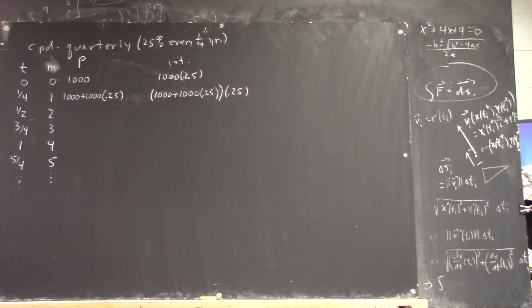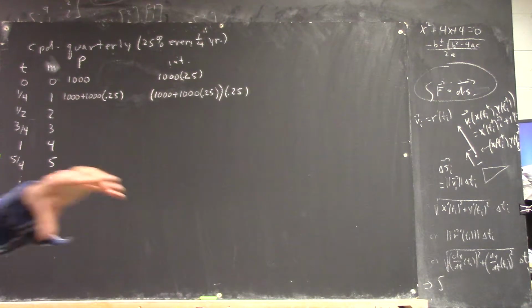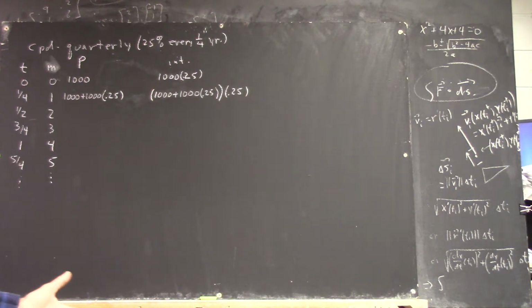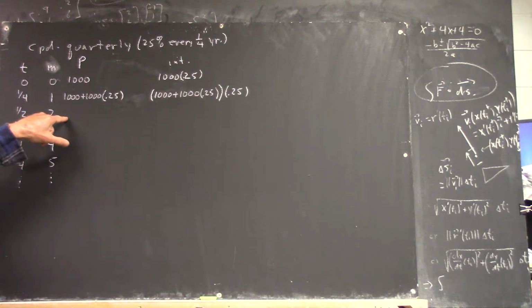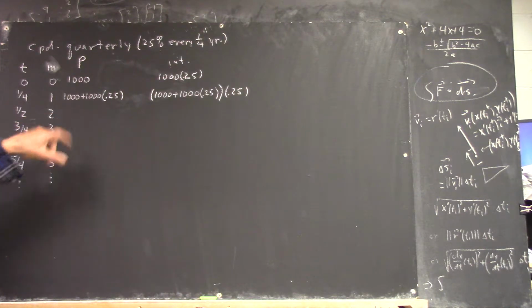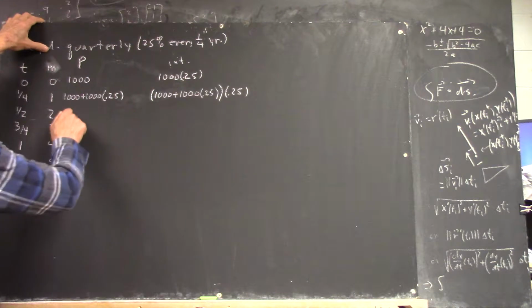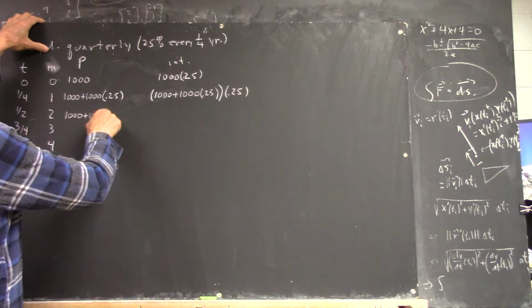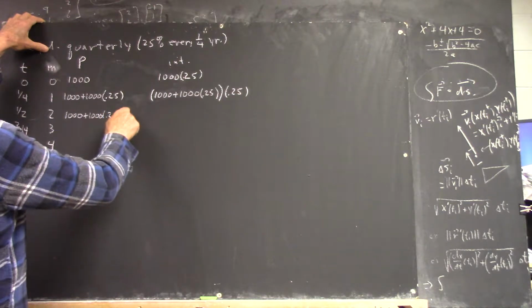So I don't have a big argument with that, but I'm trying to show you how we build symbolization, how we build the expression for an exponential function out of this. That's where we're leading. Okay, so now what's your principal? 1,000 plus 1,000 times 0.25 times 0.25 plus 1,000.